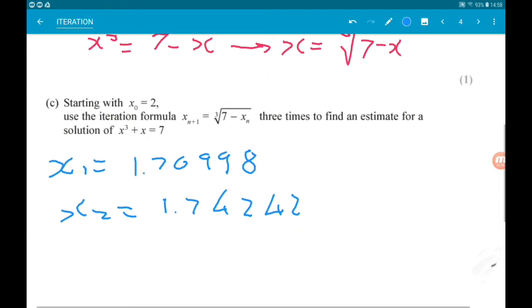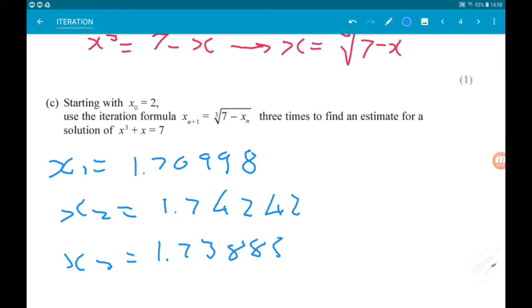One more time, and x3 is 1.73885. Cool. So that would be our answer to part C.